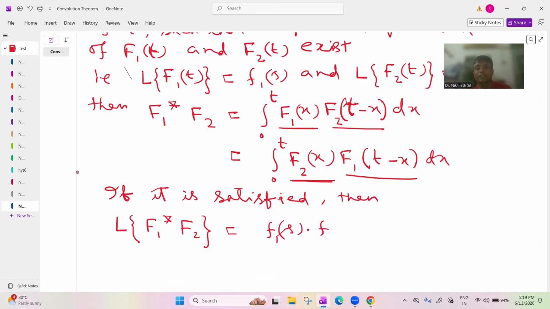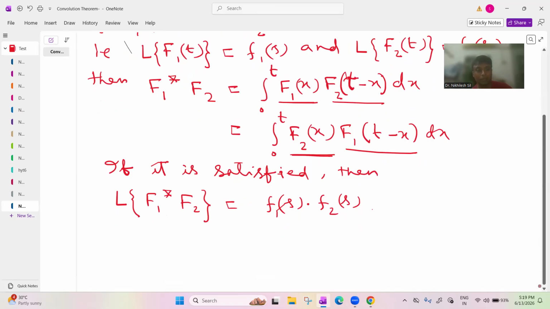Okay, clear? So what we are getting? Laplace of f1 convolution f2 equal to F1(s) into F2(s).